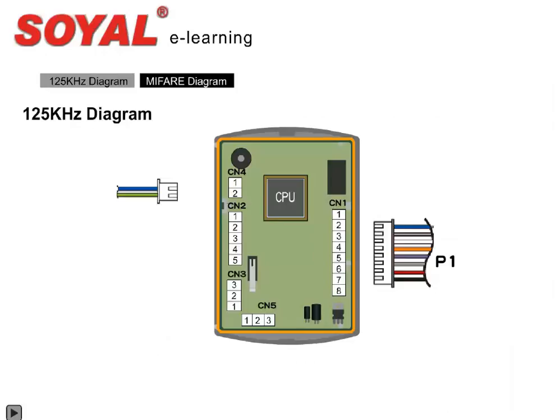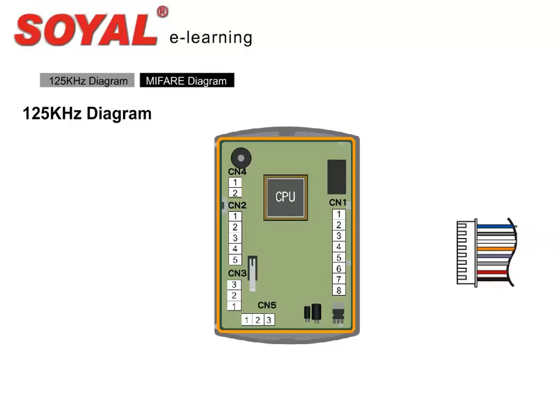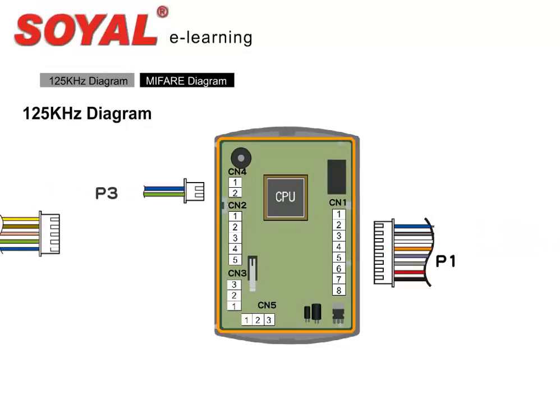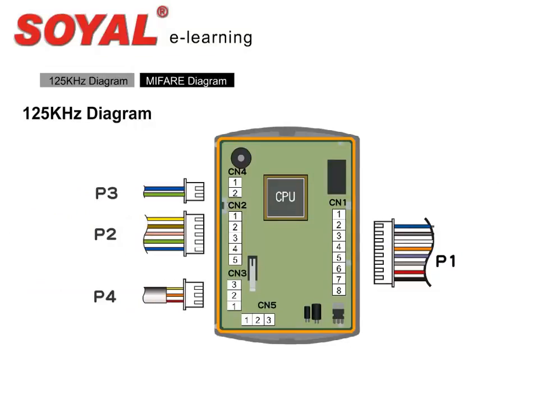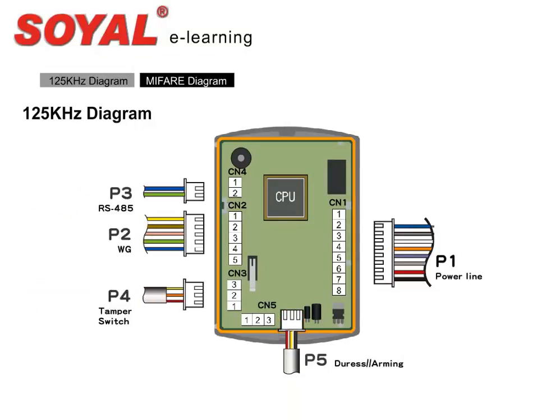Installation diagram. Please notice that different frequency of 721H controller has different diagram. And here you could see the diagram of EM frequency. Here we could notice that the P3, the connection of RS485 of EM frequency, is on the left side.